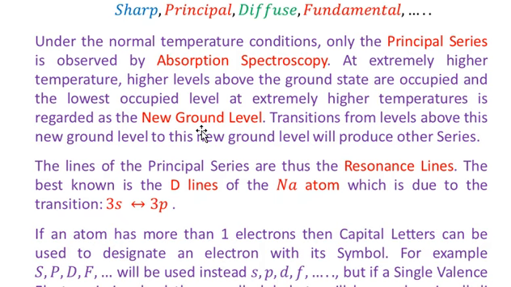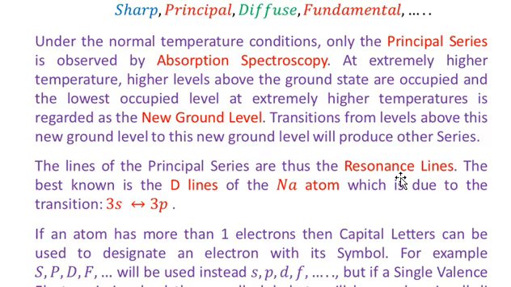Because when the temperature is very high, the normal ground level of these alkali metal atoms is shifted to a higher level, and we regard such a higher level as the new ground level. Transition from the levels above this new ground level to this new ground level will produce other series. The lines of the principal series are thus the resonance lines.